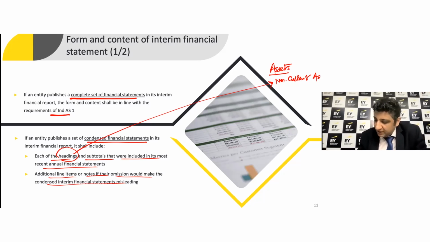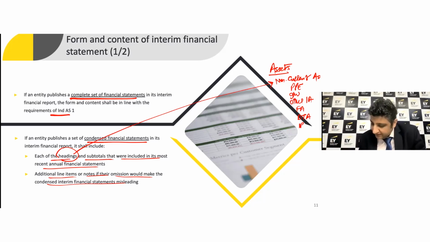Now, within the non-current assets, we have a list of property, plant and equipment, goodwill, other intangible assets, financial assets, deferred tax asset, and likewise we may have investment property, for example, and stuff like that.